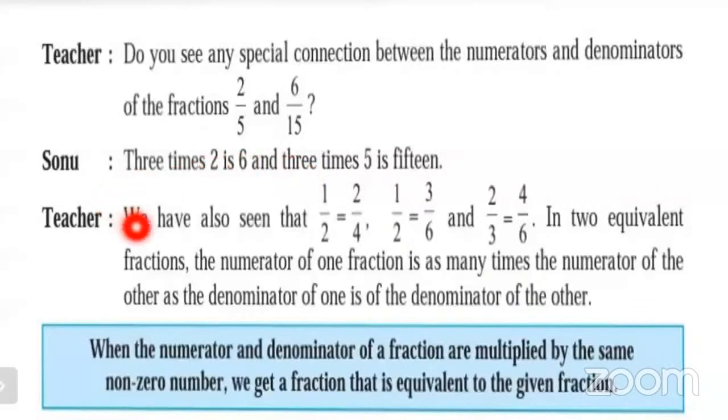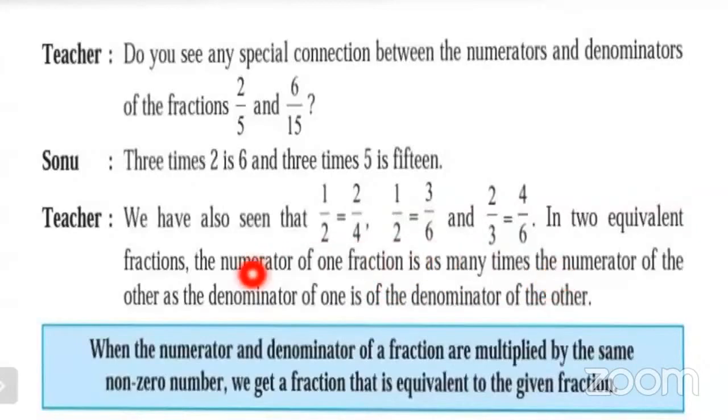So teacher said, we have also seen that 1 upon 2 is equal to 2 upon 4, 1 upon 2 is equal to 3 upon 6, and 2 upon 3 is equal to 4 upon 6. In 2 equivalent fractions, the numerator of one fraction is as many times the numerator of the other as the denominator of one is of the denominator of the other.